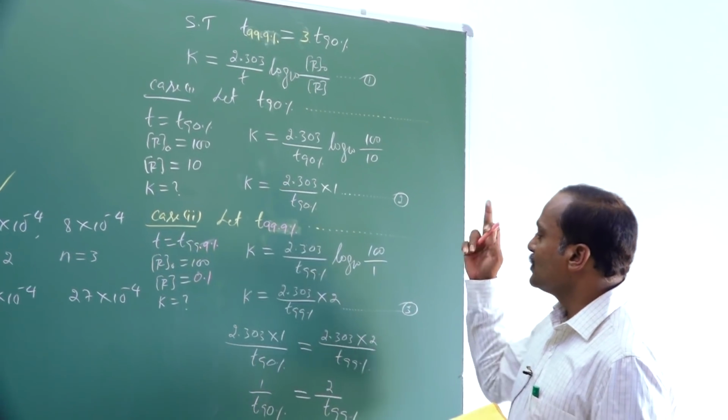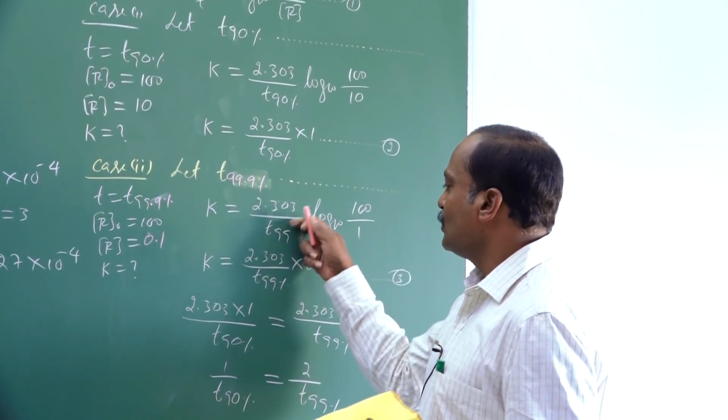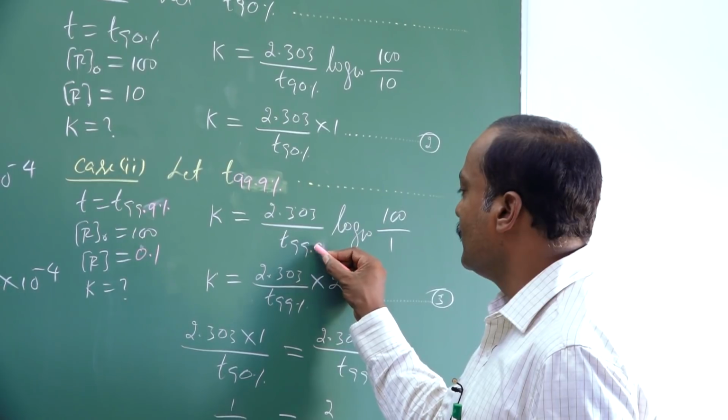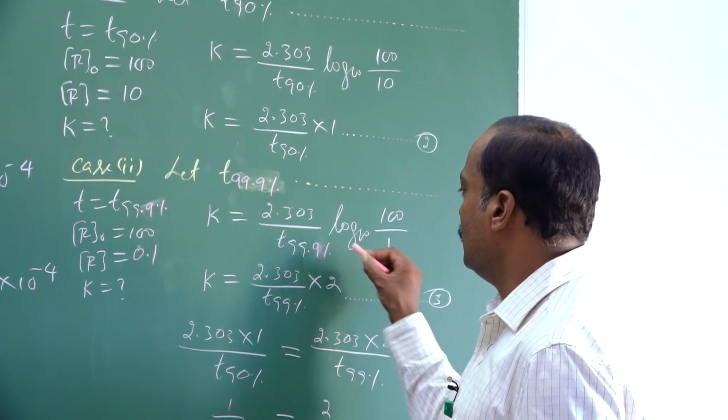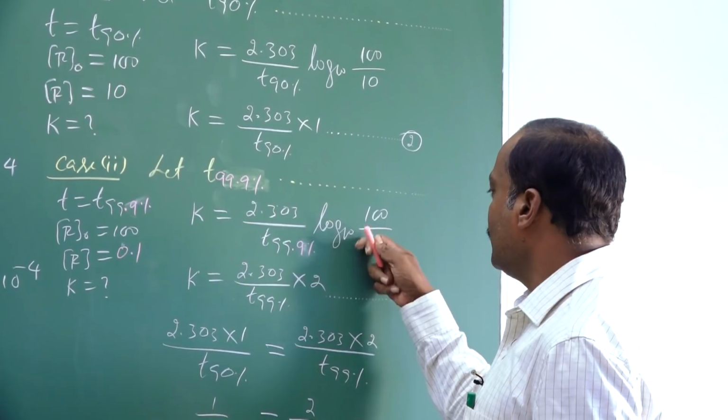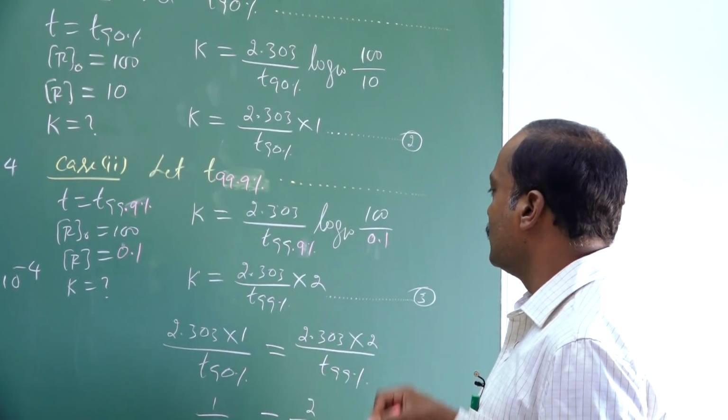Then equation 1 becomes k is equal to 2.303 divided by t 99.9% log base 10 100 divided by 0.1.